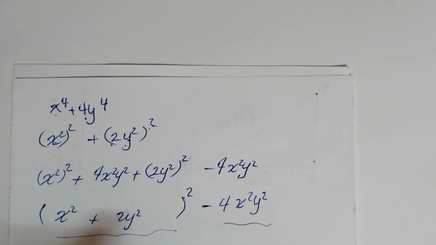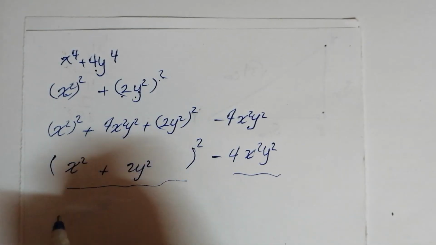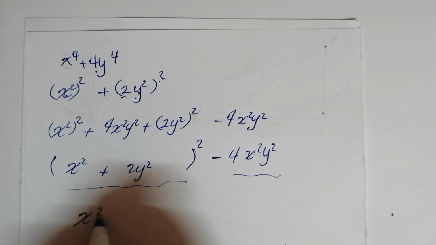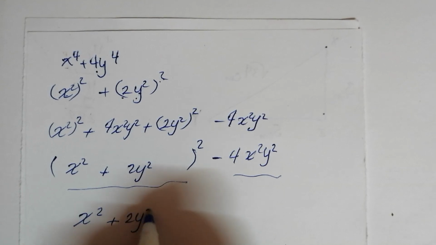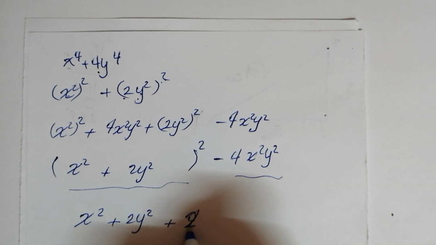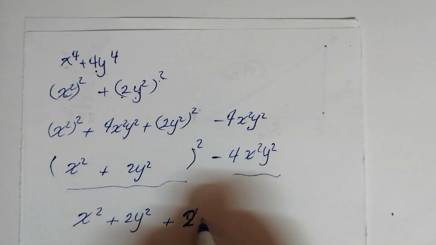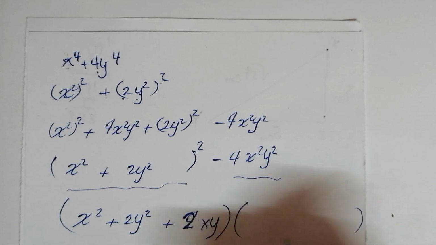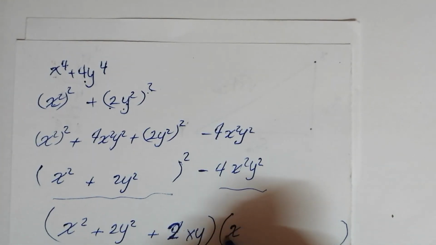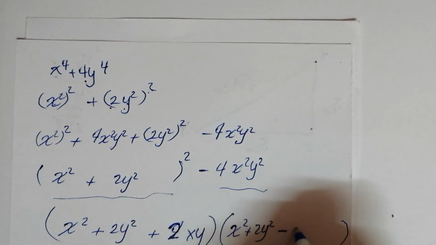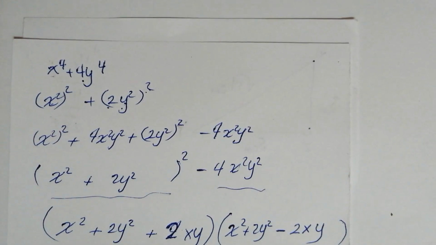How can you factorize it? You can factorize it by doing like this: x squared plus 2y squared, and this is the first term, plus 2xy, and the other bracket will be x squared plus 2y squared minus 2xy.